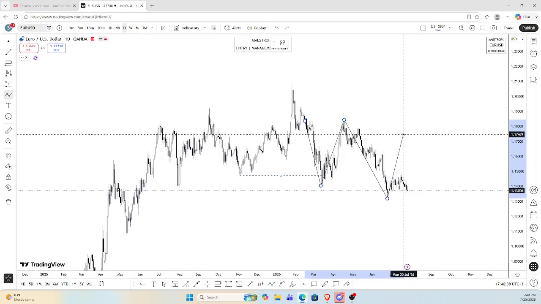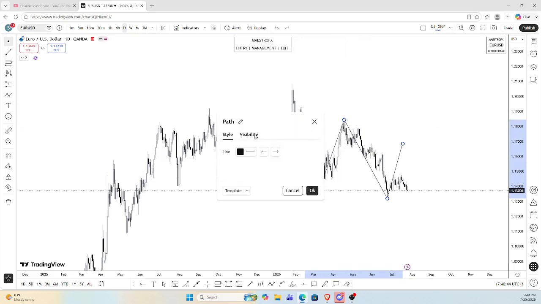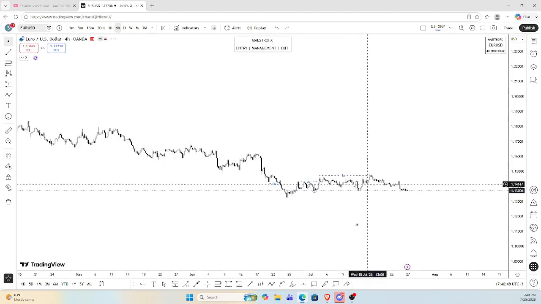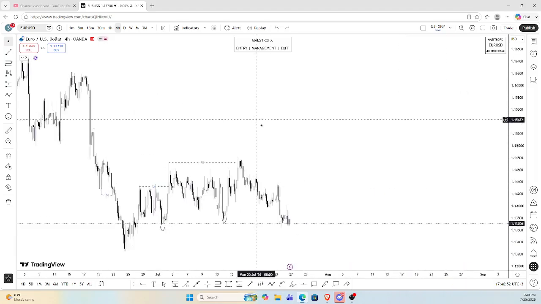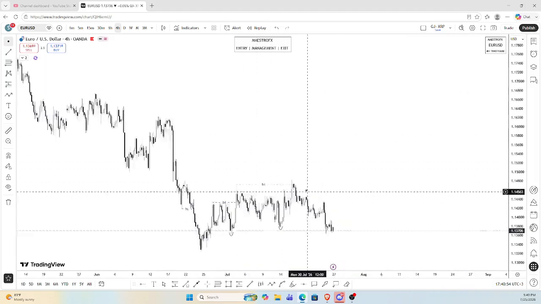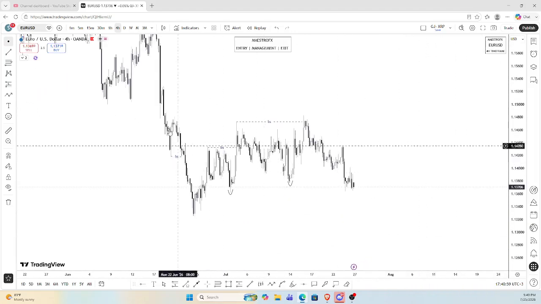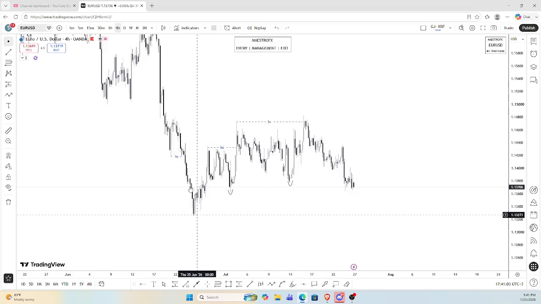And for us to clearly see what has been happening, we have to go to the lower time frame, which is the 4-hour. Yes, let's go to the 4-hour time frame. On the 4-hour we can see that this was the clean break of structure to the downside.